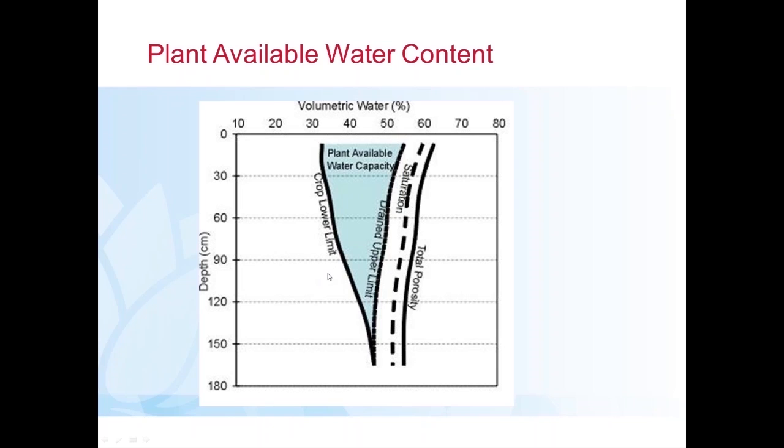There may be sufficient soil moisture at depth for plants to access, but there may be a chemical or a physical constraint that limits the roots from accessing that water. So that's the usefulness. This crop lower limit is actually determined by how plants can extract water. So the crop lower limit really is a biological limit, while the drained upper limit is a soil limit.